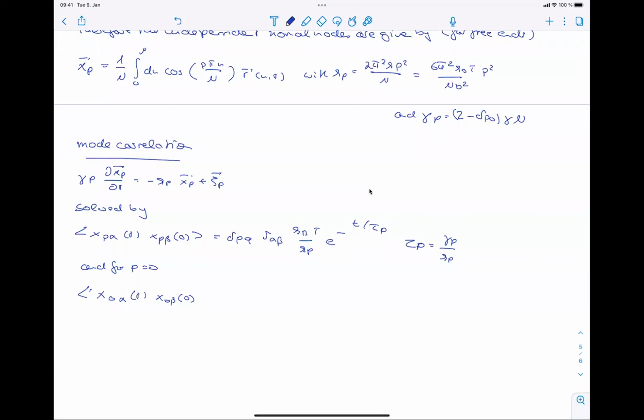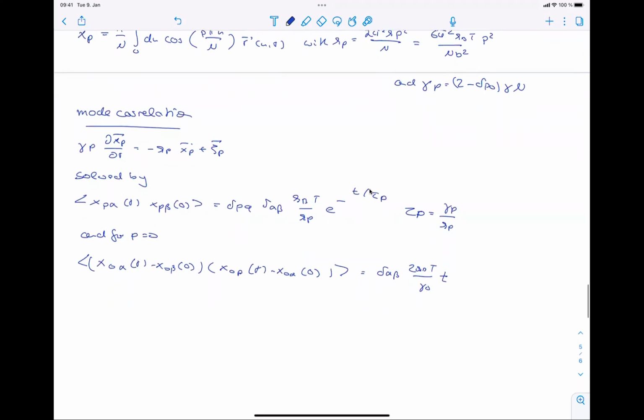Because the gamma naught is a different one.